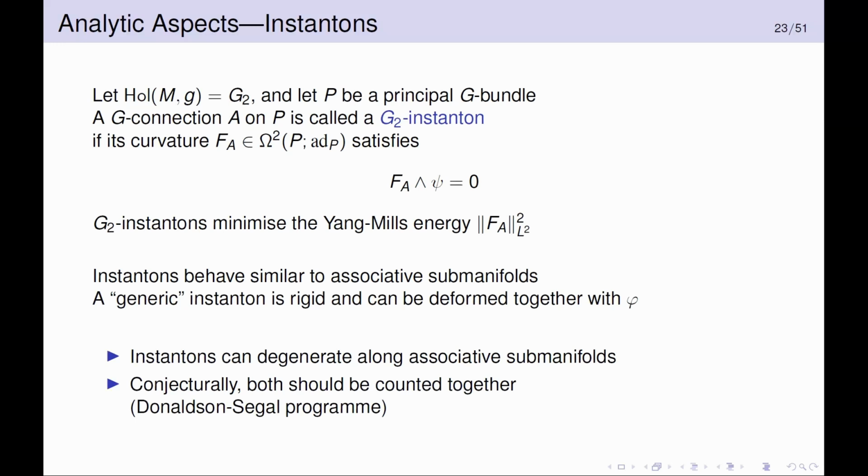But instantons can degenerate along associative submanifolds, so basically the bundle will be flat outside the submanifold, with infinite curvature concentrated along the submanifold. And therefore, conjecturally, you should maybe count instantons together with associative submanifolds. And that's then called the Donaldson-Segal program. That's a very nice program that we are very far from understanding.